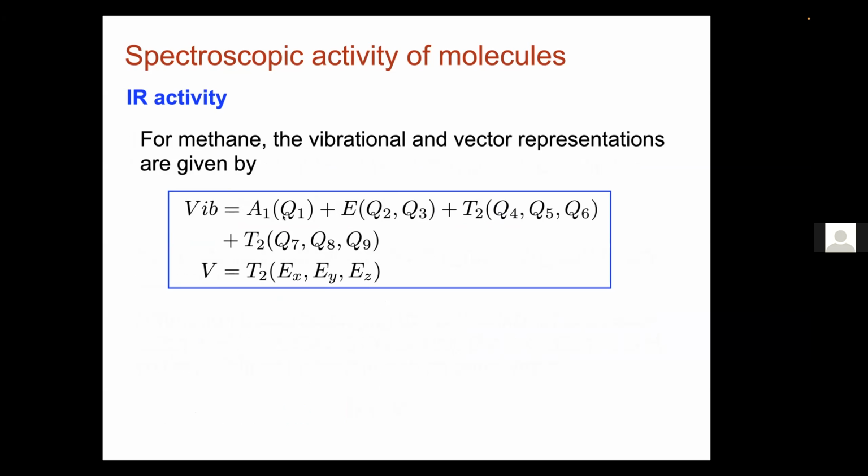Now, remember that for A1, Q1 was a normal coordinate and the corresponding mode was a normal mode because I didn't have to diagonalize anything. This was already diagonal because the multiplicity is 1. The same was true for E. I didn't have to diagonalize anything. So I can say that capital Q1 is equal to lowercase q1. And the same is true for this. However, since this is T2, the multiplicity is 2, I had to diagonalize a 2 by 2 matrix, which appears 3 times, exactly the same matrix.